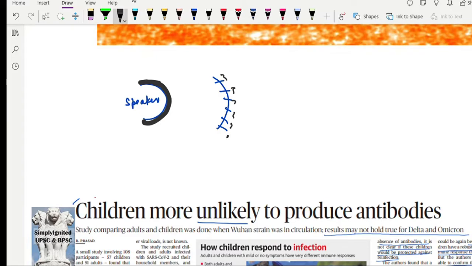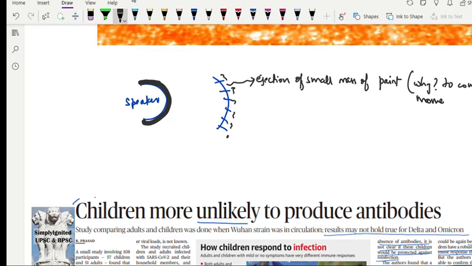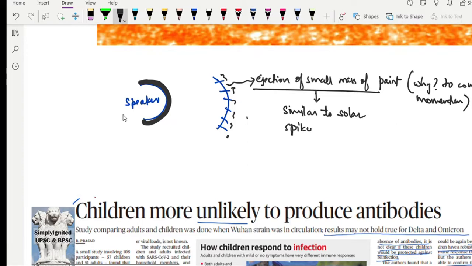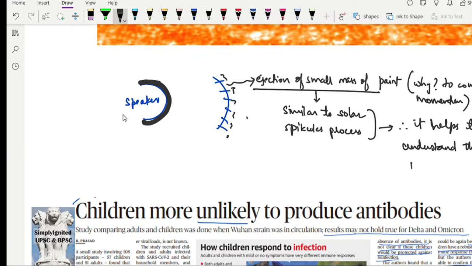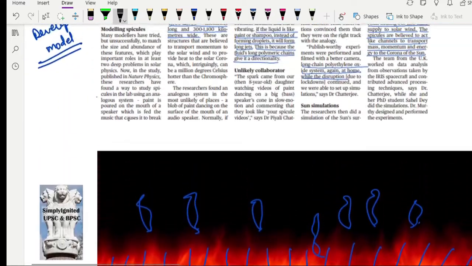The breaking down of this paint will lead to ejection of a small mass of paint, to conserve momentum. And this ejection is similar to the solar spicules process. So it helps us to understand this process. Now let's see the article.